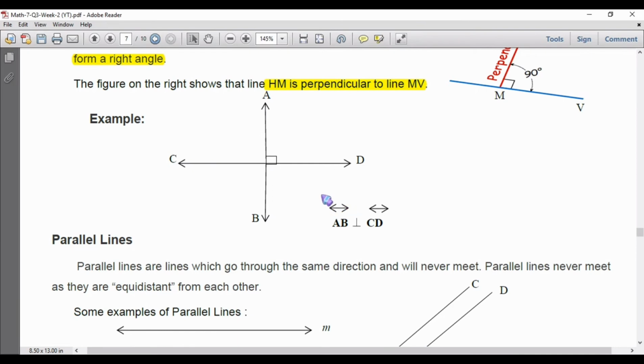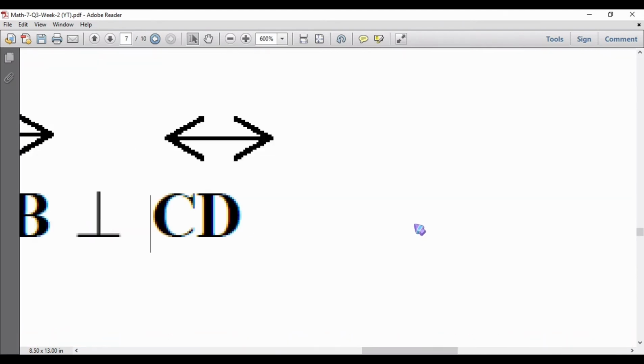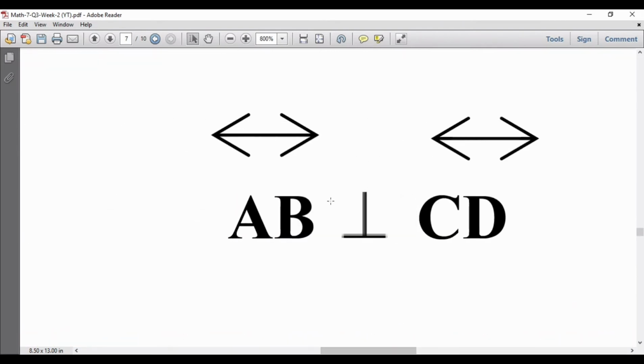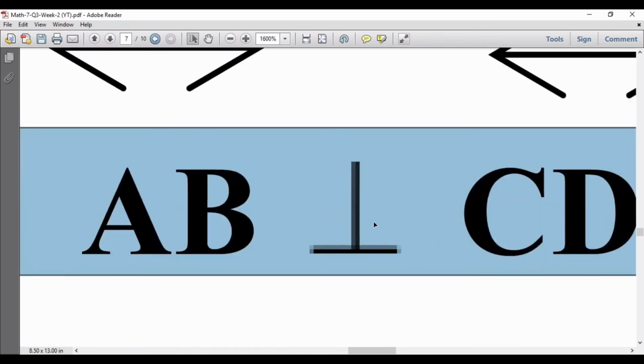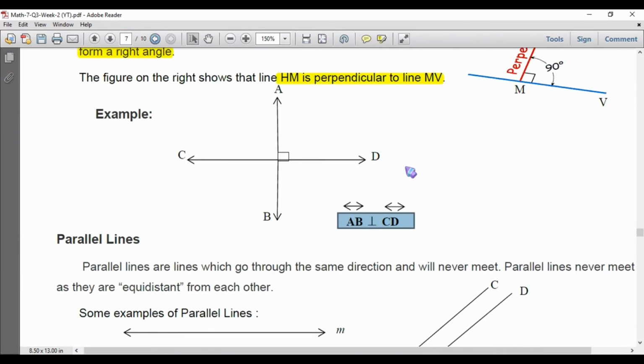Take note of the symbols. This one represents line AB, this one represents line CD, and this one is the symbol for perpendicular. That's it.